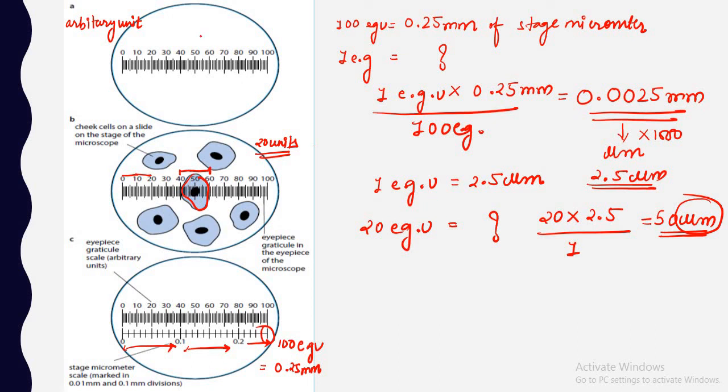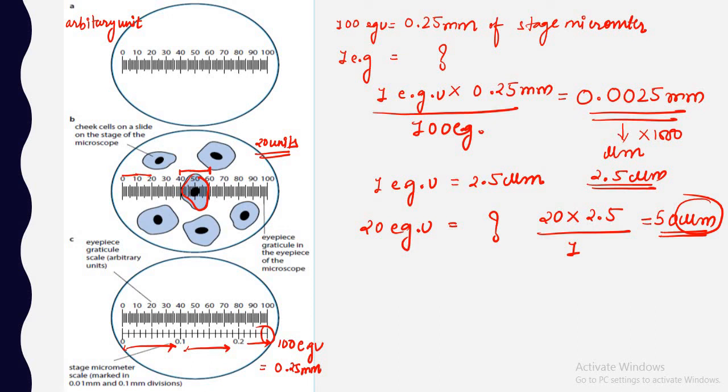First, see the eyepiece graticule you are observing. Second thing, just take a note of your lens, that is the cheek cells. Remember to specify the magnification. At one point, magnification is important, right? Because every time you change the magnification, you need to change the calibration.